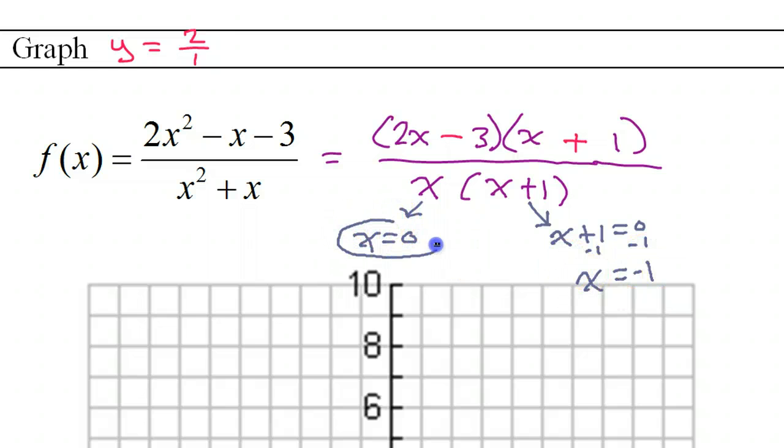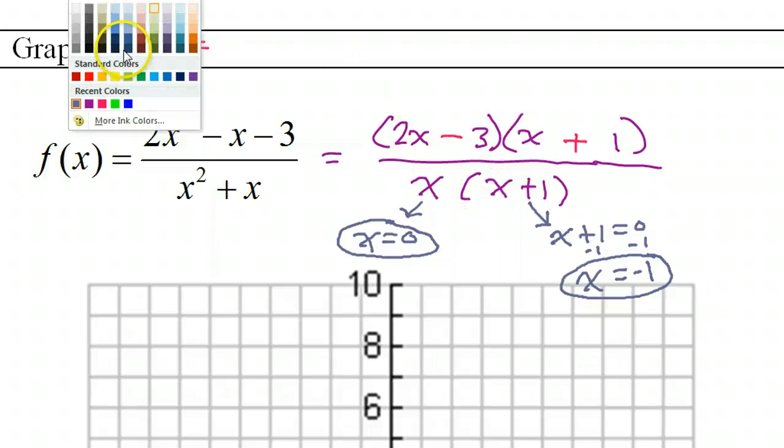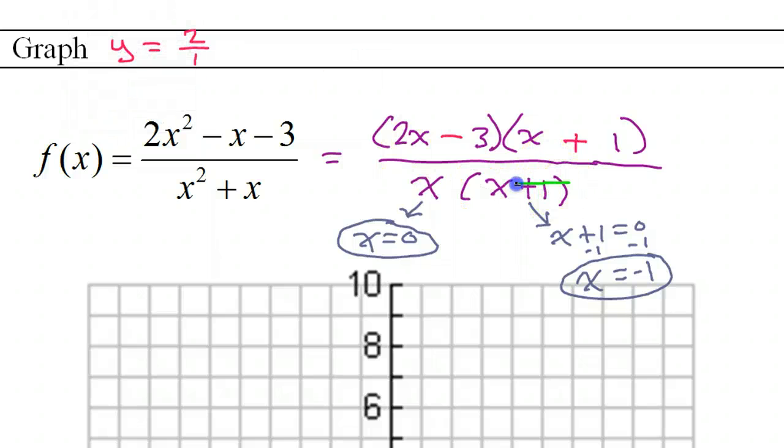So I've got these two artifacts, and normally they are vertical asymptotes, but this factor cancels out, and when a factor cancels out, it is not going to give you a vertical asymptote, it is going to give you a hole.